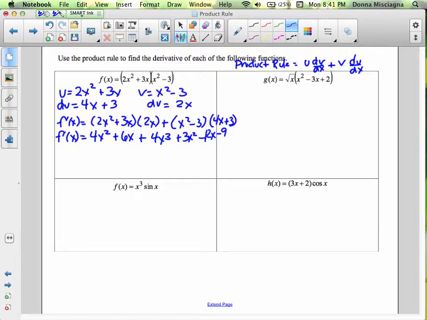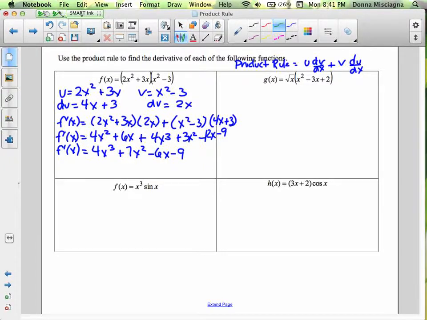All right, there's no multiplications there. And we'll combine the like terms, and then we're done. We've got only one cube. 4x squared plus 3x squared is 7x squared. 6x minus 12x is a negative 6x minus 9, and there we go. There's our derivative.